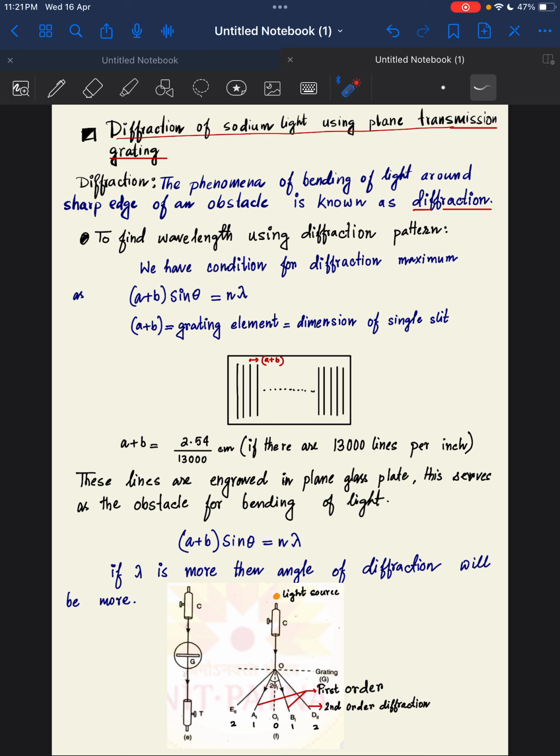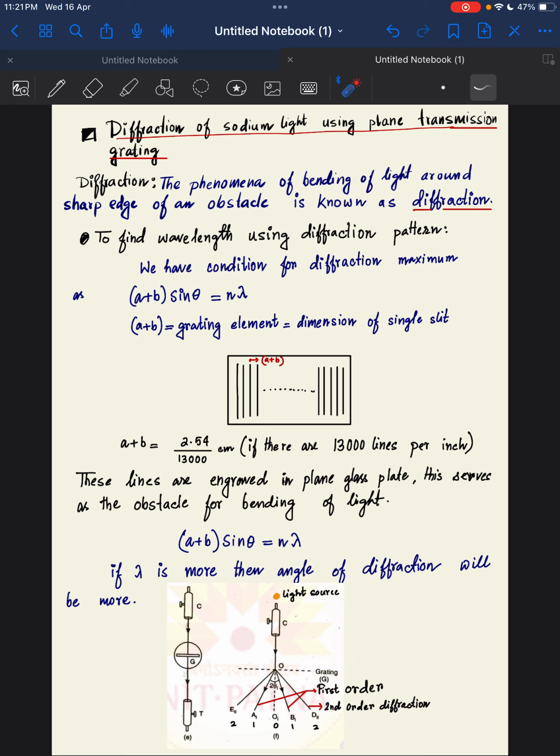So the practical use of a diffraction pattern or plane transmission grating is that we can produce monochromatic wavelengths. Let's say you have a white light and I want to extract some particular wavelength. Then you can place a detector here. Let's say we have a yellow light coming out, we'll place the detector here, or we'll have some receiver here so that we only catch yellow light, because we can bend the light depending on the wavelength.